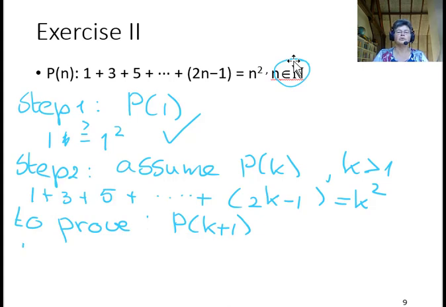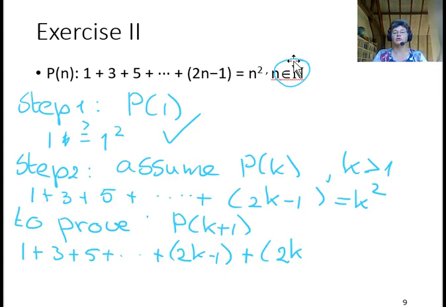So we need to prove that 1 plus 3 plus 5 plus up to 2k minus 1 plus 2k plus 1, so 2 times (k plus 1) minus 1 becomes 2k plus 2 minus 1, so that becomes 2k plus 1, equals (k plus 1) squared.